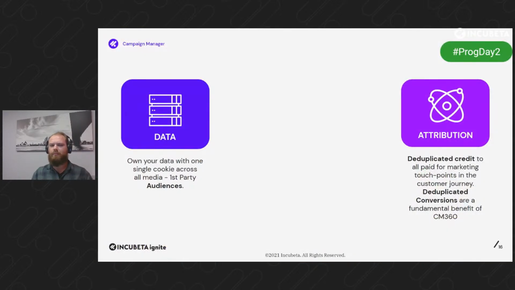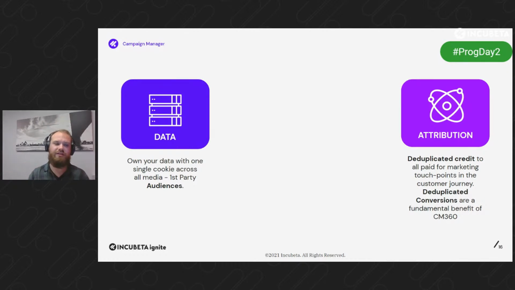So 2 of the important things about Campaign Manager that we're going to discuss today are both things that we've touched on briefly. If we look at owning our own data, we've got one single cookie across all media.